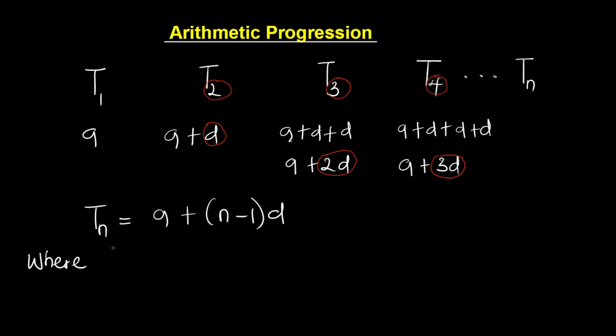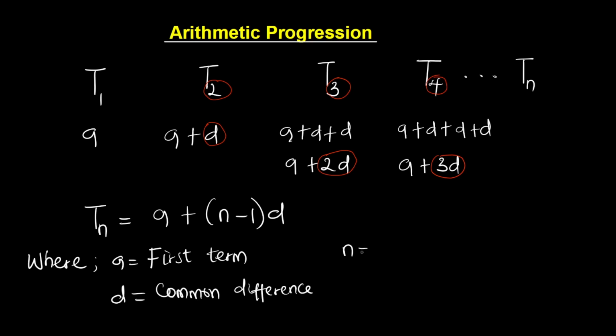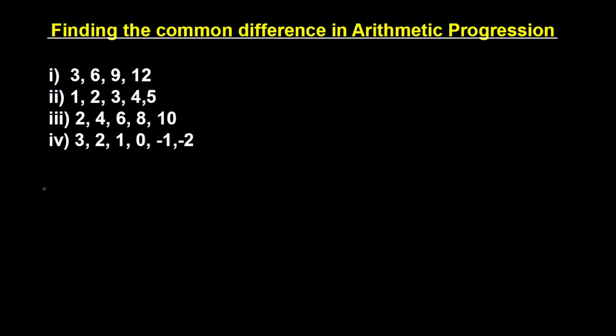From here, we have that our A represents our first term, D denotes the common difference, n represents number of terms, and you also have to note that our Tn, which can also be represented as An, denotes our nth term. Now let's go ahead and try this. You have to note that the common difference can be obtained by subtracting a term from the preceding term.